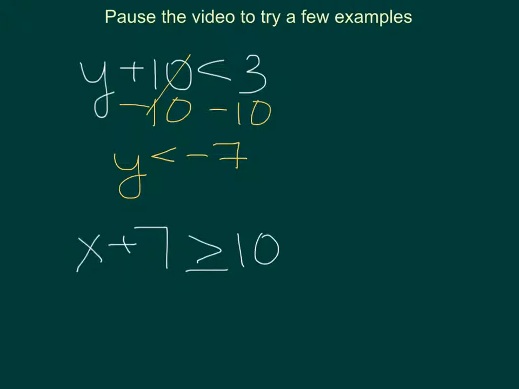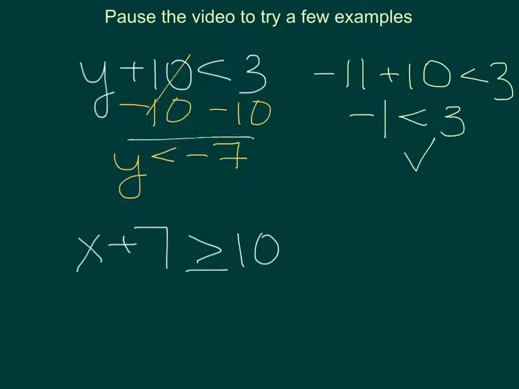So a number that's less than negative 7 would be negative 11. Negative 11 plus 10 is less than 3. Negative 11 plus 10 is negative 1, which is less than 3, and it checks out. So my answer is y is less than negative 7.